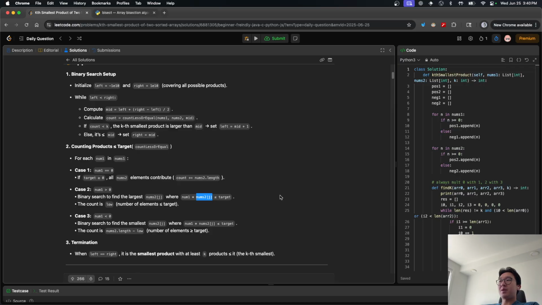We binary search to find the largest num2 where the product is going to be less than or equal to the target. But why did we do the right of that one? Is it the smallest number that will give us a product that is less than or equal to the target? But if we go to the right of that point, we might go over the target, right? Or no?